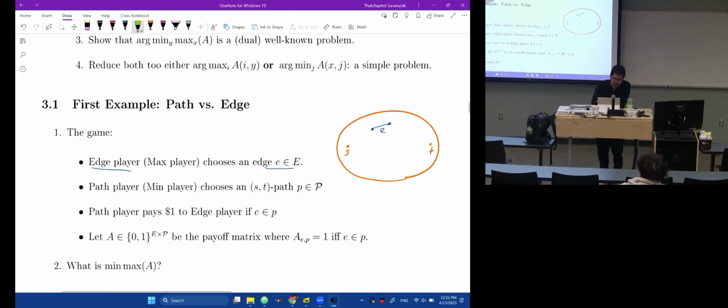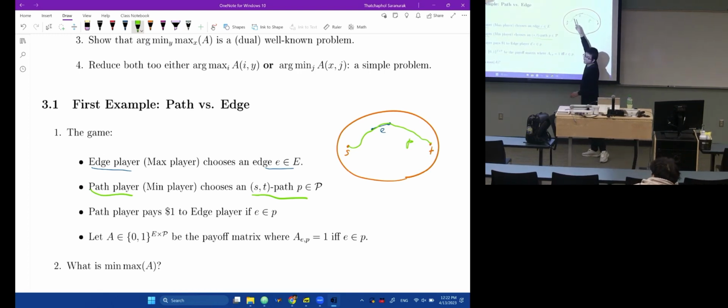And then the path player will choose an S-T path P. The path player will need to pay the edge player if the path goes through the edge, if the edge is in the path. So you can think, okay, you need to go from S to T, and this edge is like a toll station. You need to pay if you go through it.